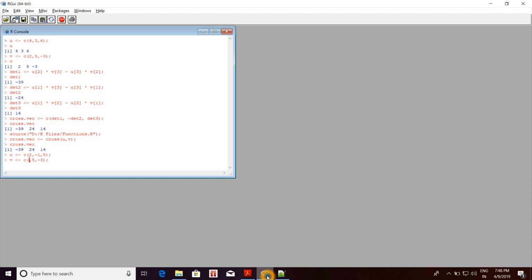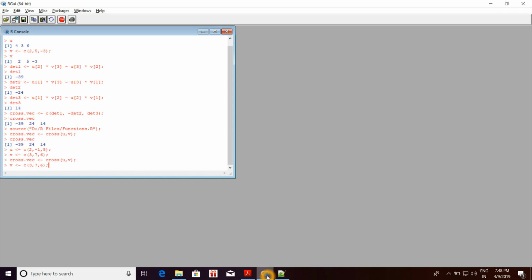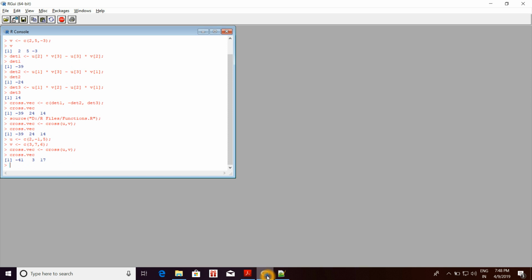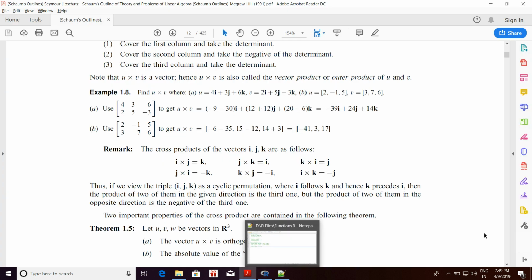So it will be 3, it will be 7, and it will be 6. Now we can check again. This gives minus 41, 3, 7, 0, minus 41, 3, 7, 0, so it is correct.